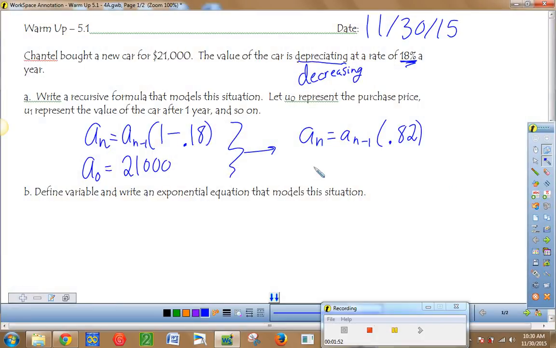They are both correct. If you have no problem remembering to subtract, please remember to subtract, or if you just really like to simplify, you can jump right to the 0.82. Because your equation is not showing you how much you're decreasing, it's showing you how much value it's maintaining. So it's maintaining 82% of its value. Does that make sense?